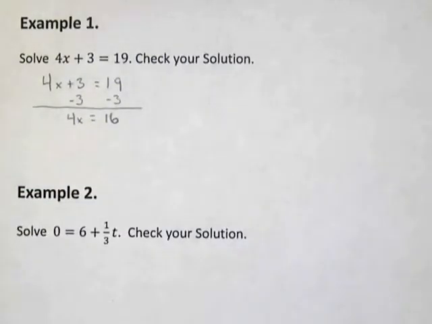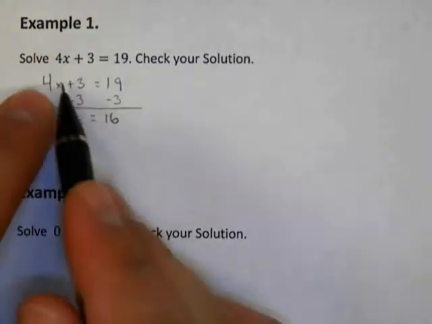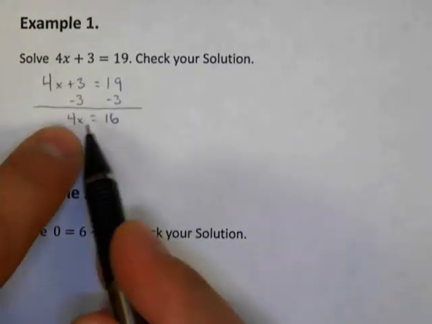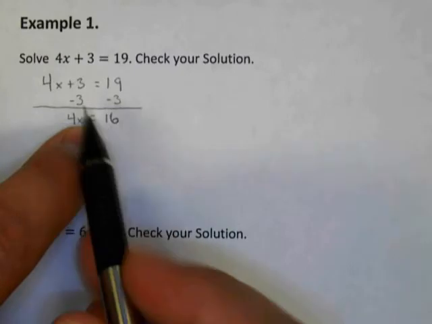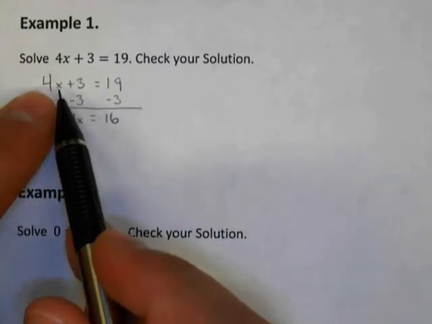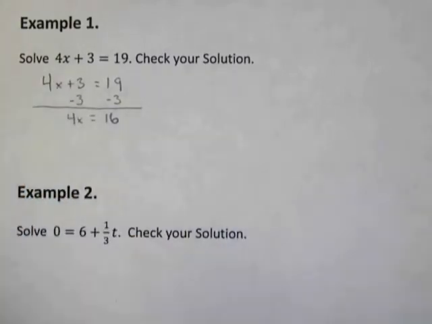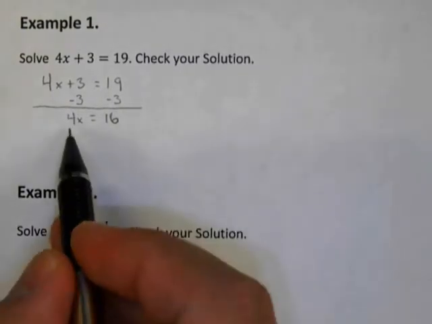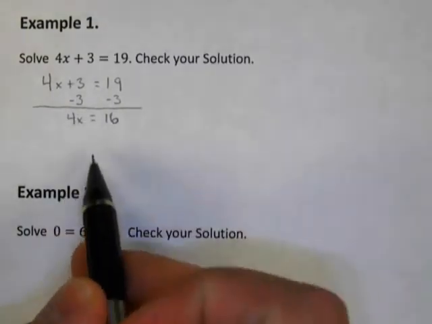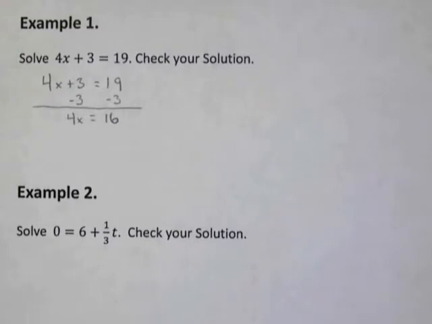Okay, so now I have something that's equal. 4x plus 3 equals 19 is the same thing as 4x equals 16. We're getting the variable x by itself, slowly but surely. Now we have 4 times x equals 16, and this is where the second step comes in: we have to undo the multiplication or division part of the problem.